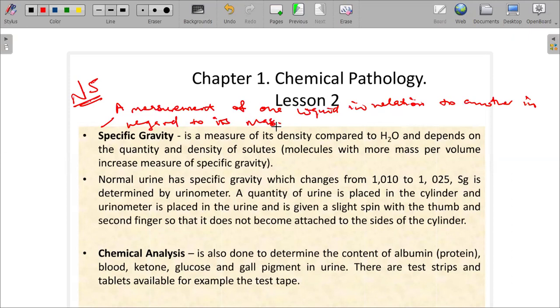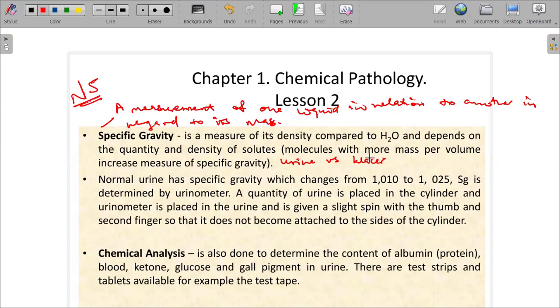So what happens there is that specific gravity is actually a measure of density compared to water. It depends on the quantity and density of solids, and it can be a comparison of urine versus water.